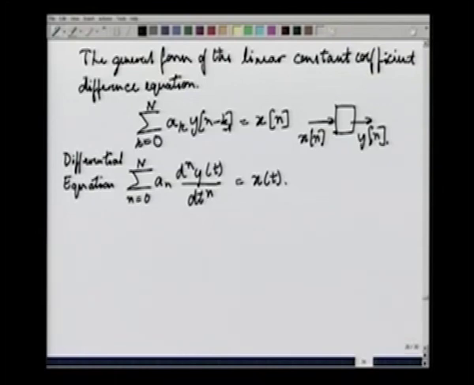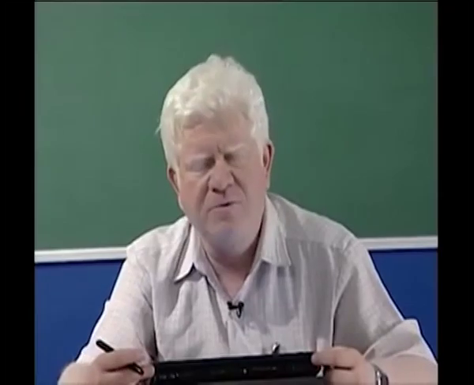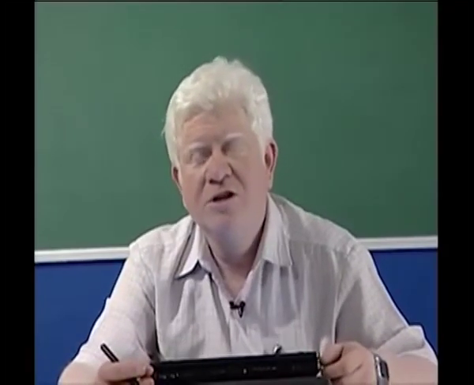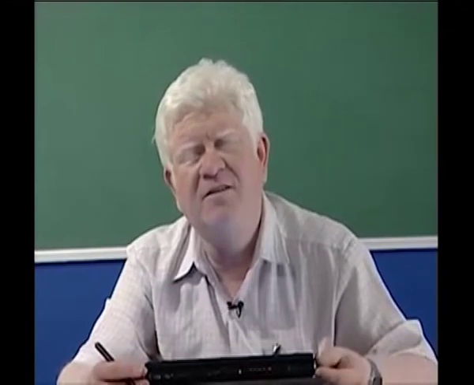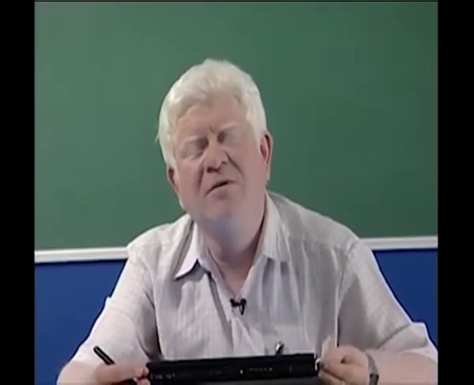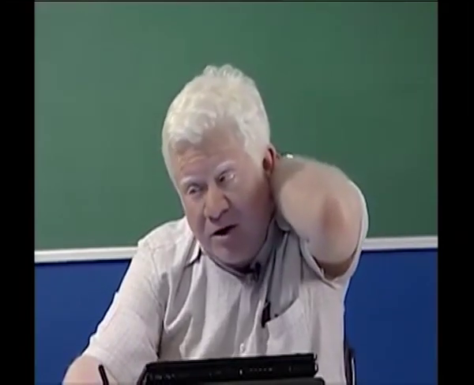So, for the continuous time case we have derivatives. For the discrete time case we just have shifted versions of the input and shifted versions of the output. Shifting a signal is not even similar to differentiating it. So, why this discrepancy over here?